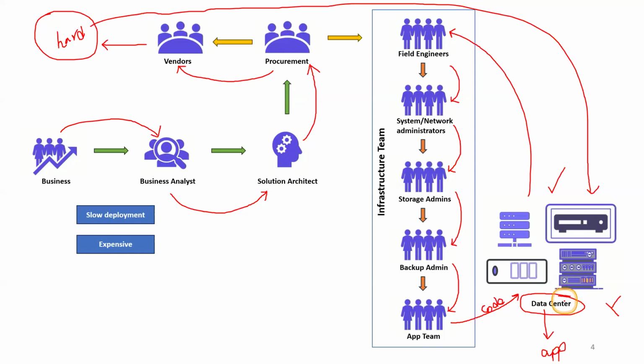A lot of money has to be spent on the data center, and we have to have this many people working behind the scenes, and we need to recruit the procurement team, vendors team, and many teams working behind the scenes. So the overall cost to deploy and maintain this working model is very high. That is the reason I call it an expensive model.